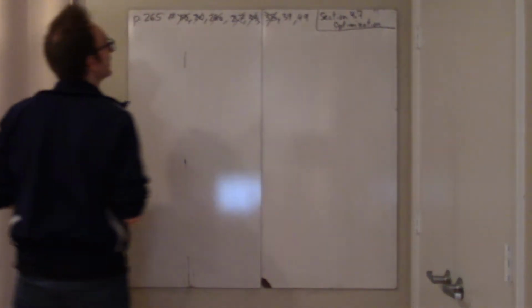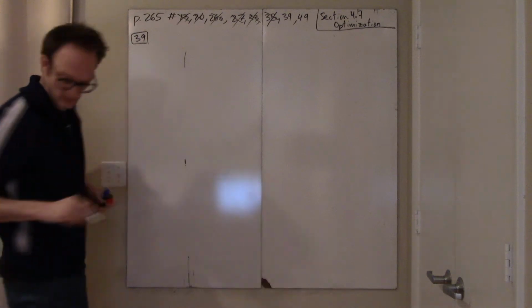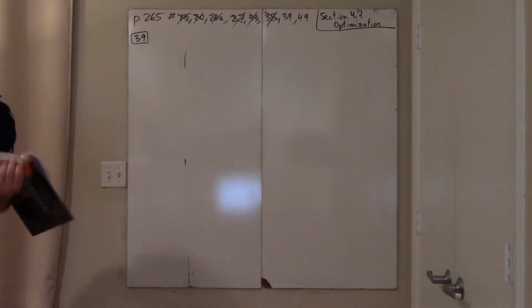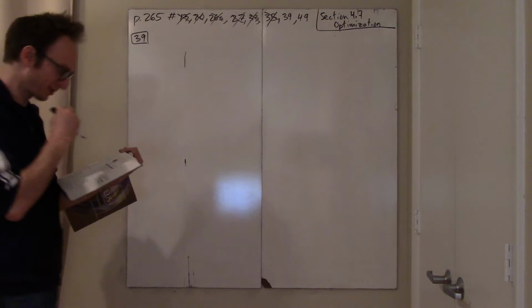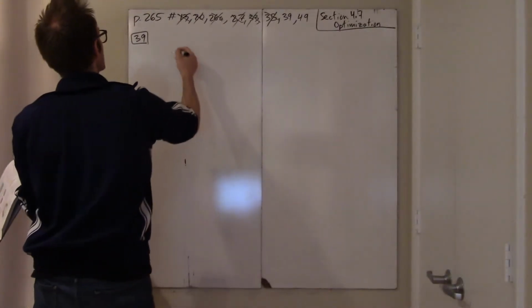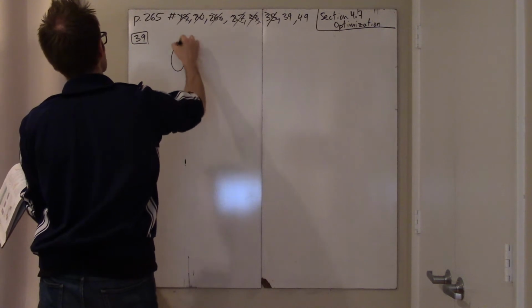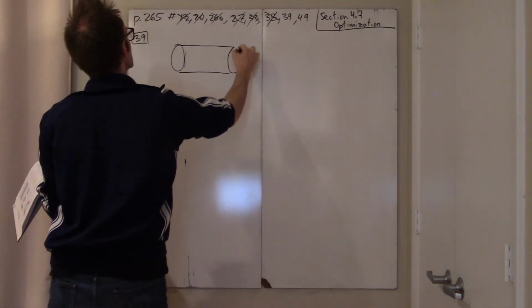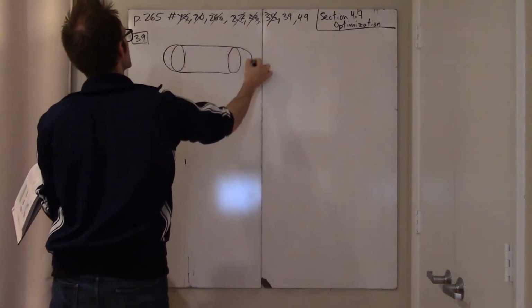Two more to go. 39 says, a solid is formed by adjoining 2 hemispheres to the ends of a right circular cylinder. Okay, so what does that mean? We have a circular cylinder, and then we're going to stick onto the ends of it two hemispheres.